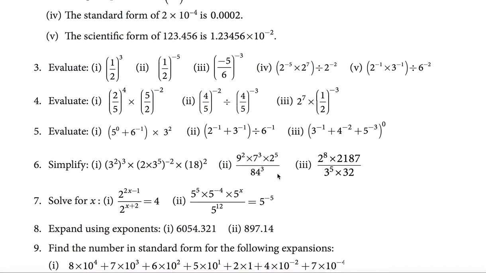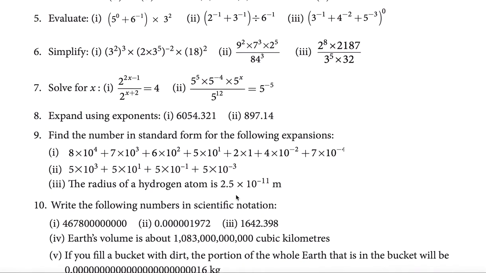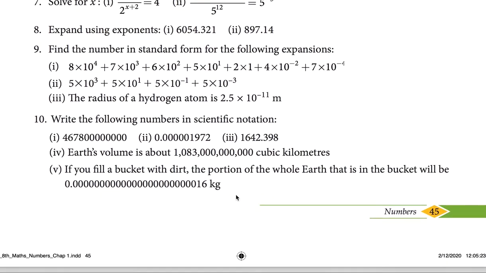Six. Next problem. This is x is 6. Expand using exponents. That you can do. Find the number in the standard form for the following exponents. That also you can do. Write the following numbers in scientific notation. That also you can do.